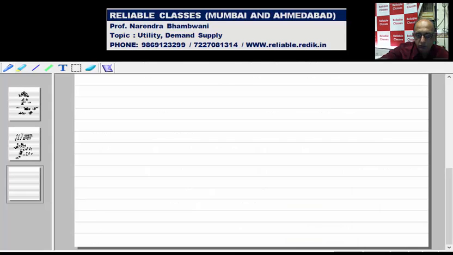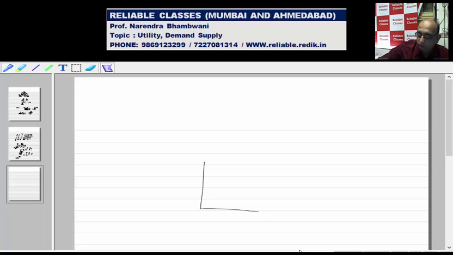Now see here, this is a demand curve. We are extending the demand curve to the y-axis and x-axis. Now, the price elasticity, suppose this is P, this is A, this is B, is lower part upon upper part, that is PA upon PB.